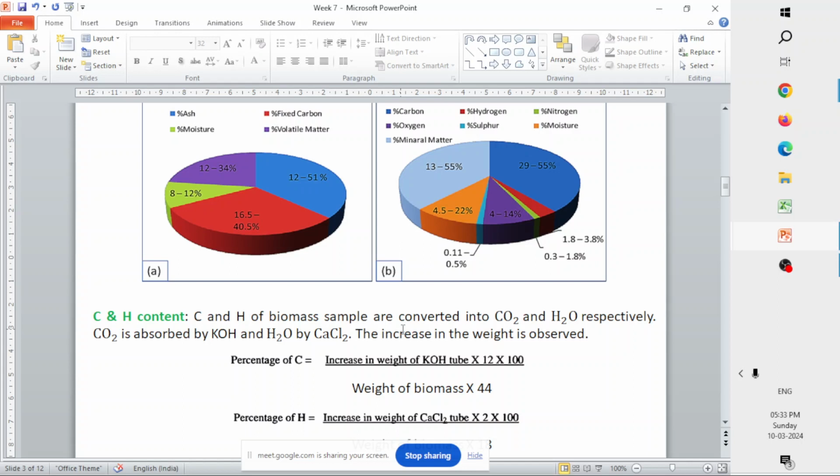If you subtract all these from 100, whatever difference is left out is assigned to the percentage of oxygen. So the percentage of oxygen is 100 minus the percentage of carbon, hydrogen, sulfur as well as nitrogen present in your biomass sample.